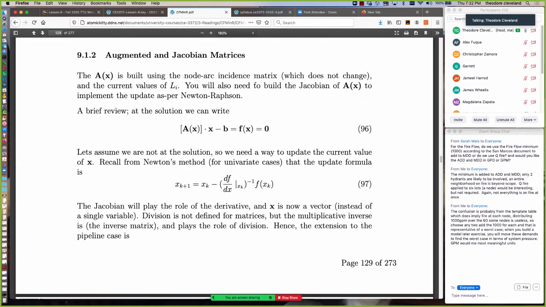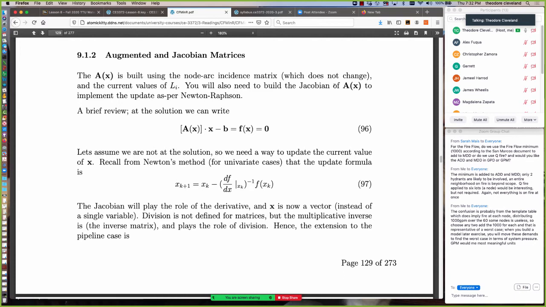That can be built from just the node arc incidence information, because that part doesn't change, and whatever the current values of L are. We also need to build a Jacobian of A to use in the Newton-Raphson update.